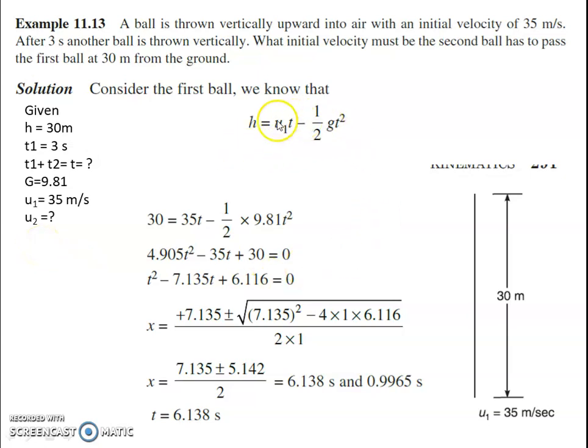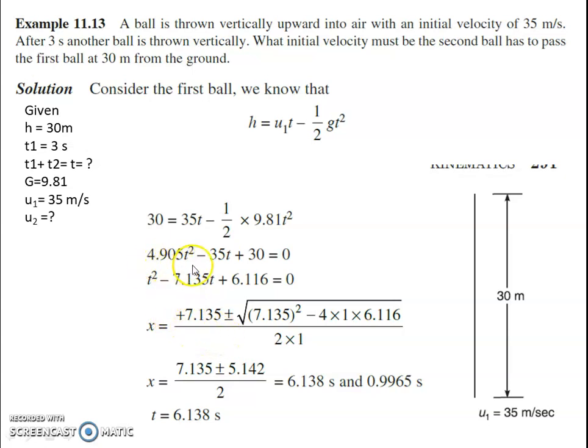We have the equation H is equal to UT minus half GT square, with minus because the balls are traveling against gravity. First case: 30, height is fixed, is equal to 35T, where 35 is the initial velocity of ball 1 and T is the time taken, minus half GT square. Then the time taken by the first ball.